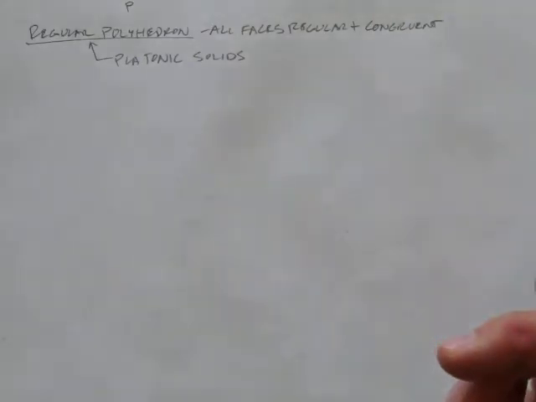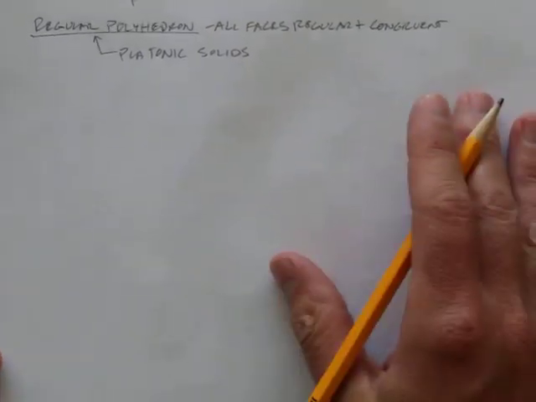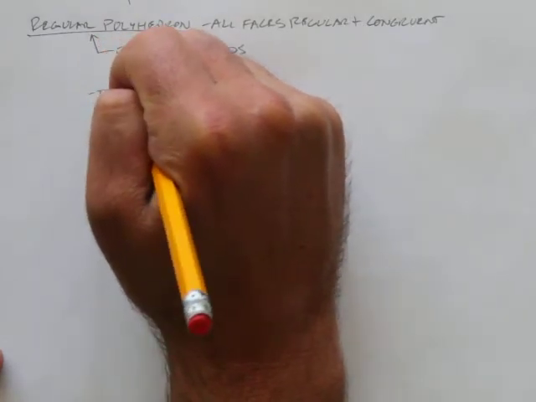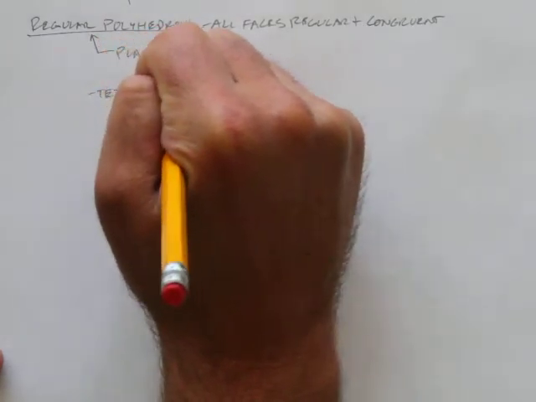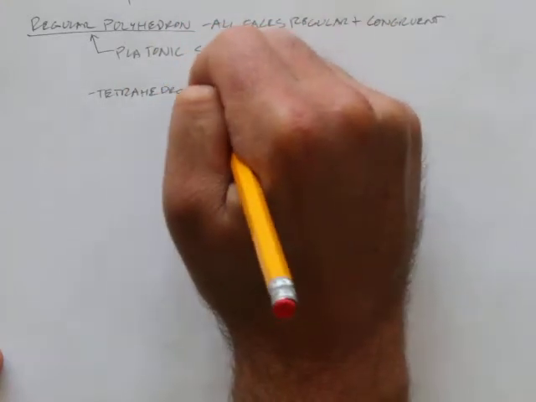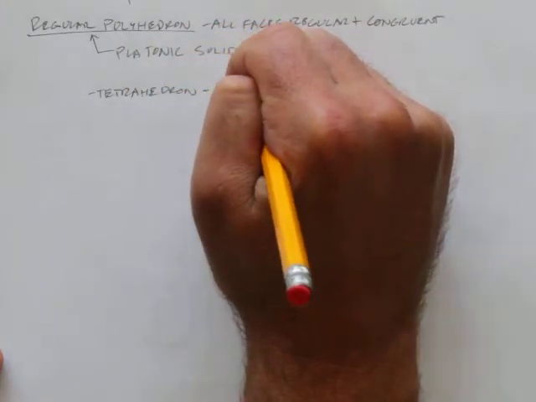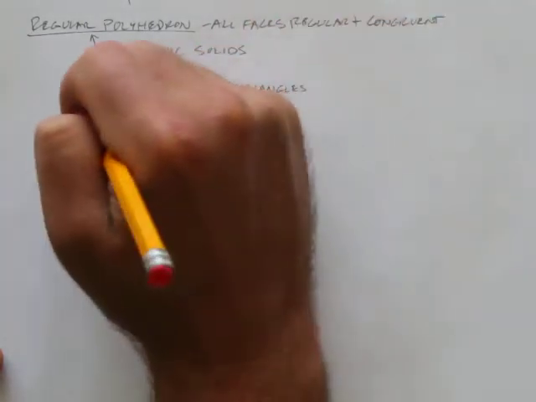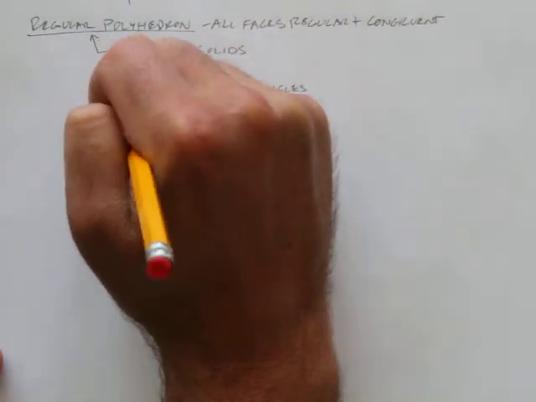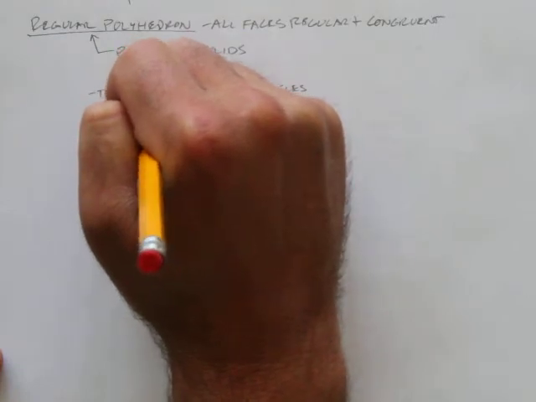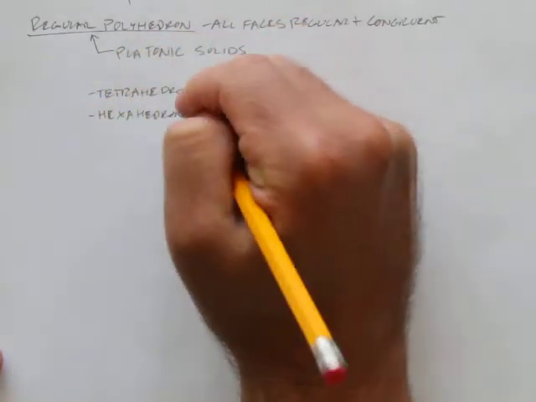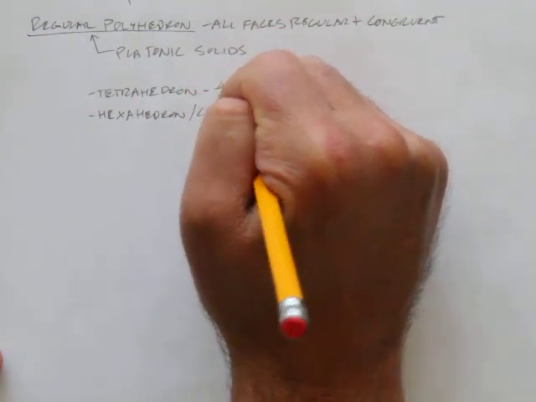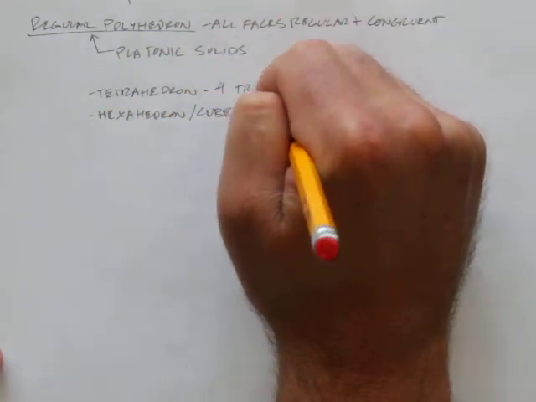So there are only a few of these that exist, and one is called a tetrahedron. This is 4 equilateral triangles. Another is a hexahedron, or also known as a cube, which is 6 squares.